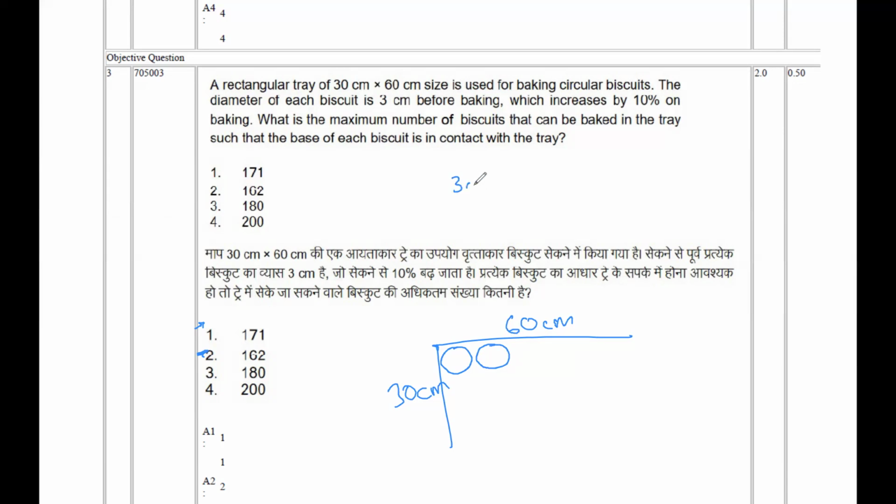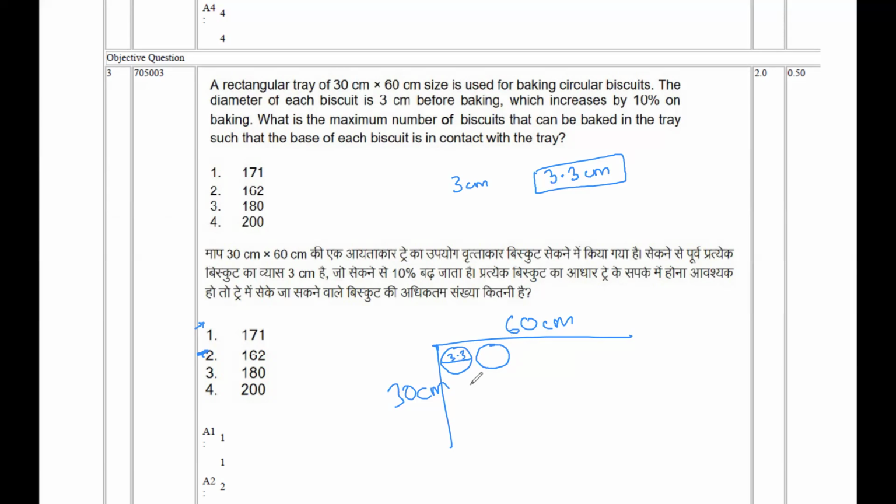So the diameter increases by 10%, so it becomes 3.3 centimeters. Okay, 10% of 3 is 0.3. So this is my diameter. That means after baking it becomes 3.3.